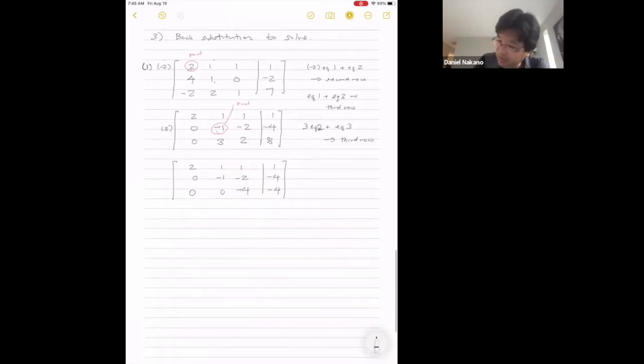And this system of equations is 2x plus y plus z is equal to 1, and minus y minus 2z is equal to -4, and -4z is equal to 4. So let me call this star star, and we know that star and double star are basically the same.